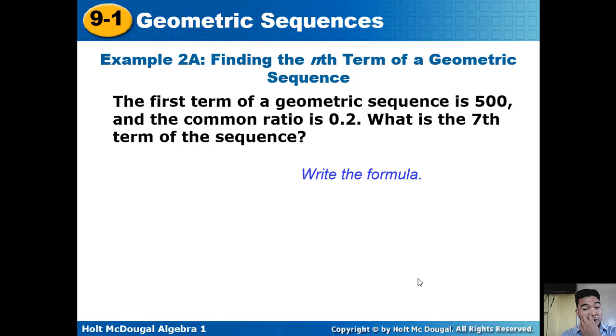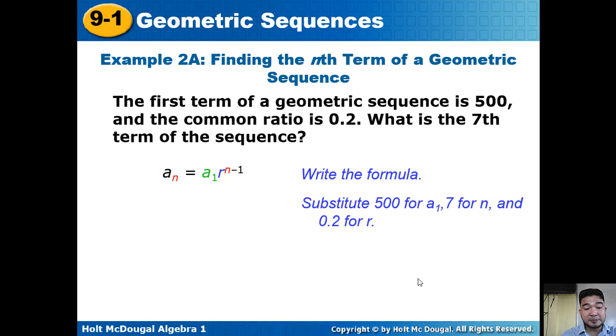So we write the formula. The formula is a sub n equals a sub 1 times r raised to n minus 1. And then substitute 500 for a sub 1, 7 for n, and 0.2 for r. So by substitution, a sub n will become a sub 7, since we are solving for a sub 7.